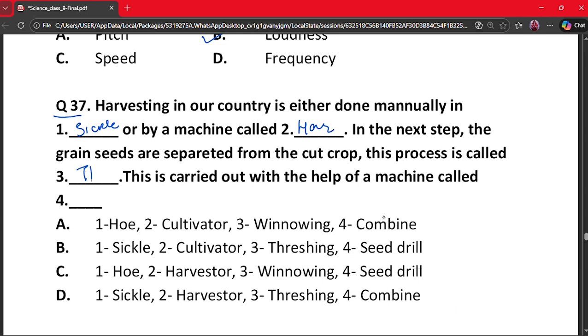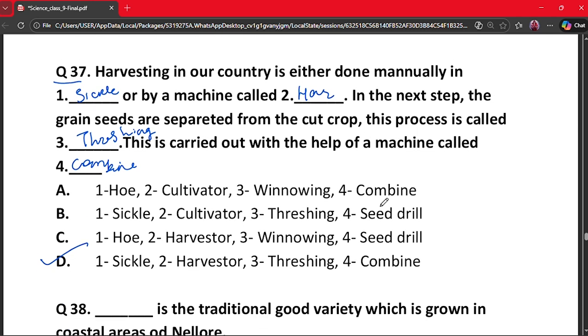So it is threshing, and this is carried out with the help of a machine called combine. So our correct answer will be sickle, harvester, threshing and combine. It is given in option D. So our correct answer is option D.